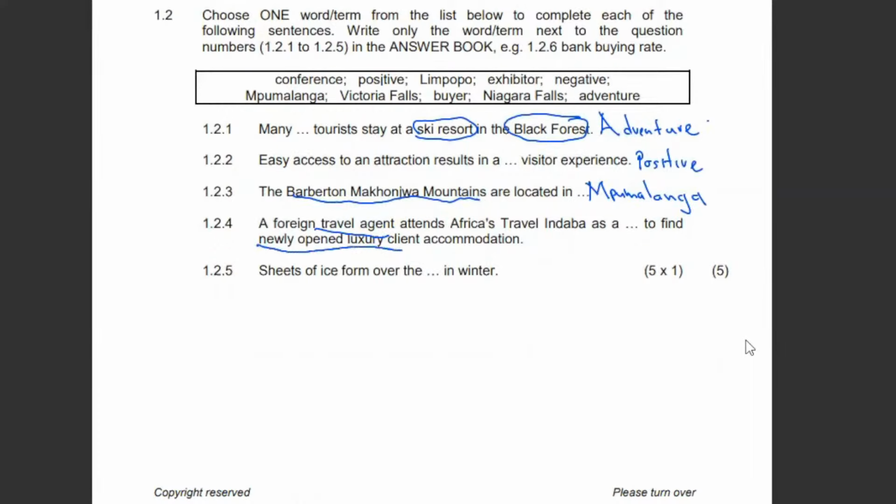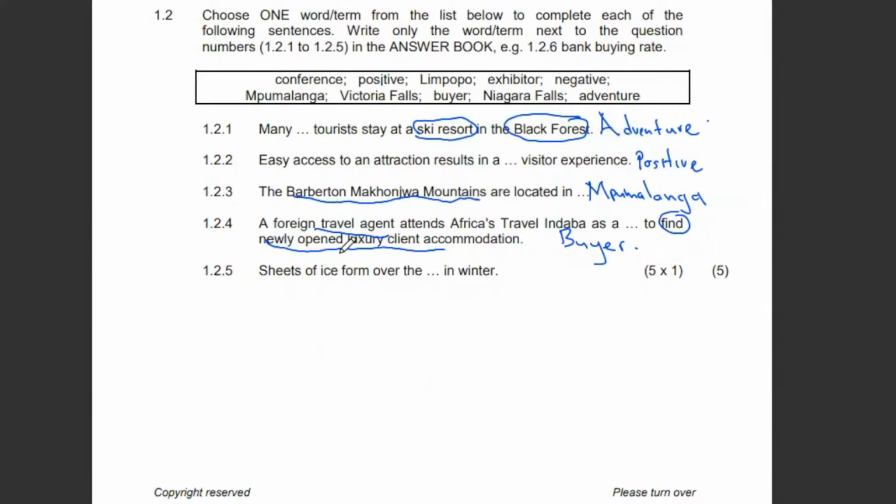To find a newly opened luxury client accommodation. Why is he doing that? He is going there in the capacity of a buyer, because he's trying to find accommodation. So our correct answer would be buyer.